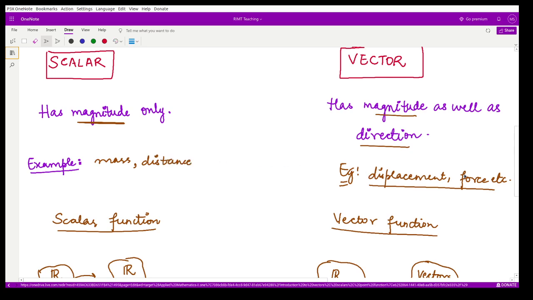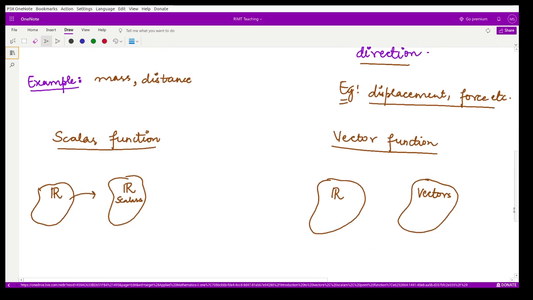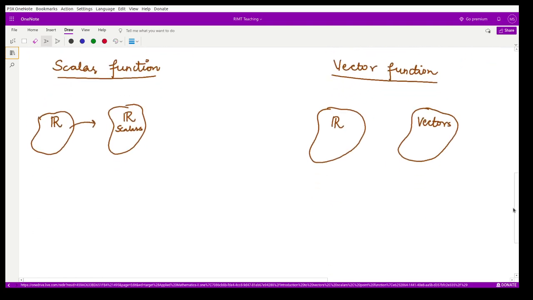So next we shall be talking about scalar functions and vector functions. First of all, what is a function? Anybody? A function is something such that you take an element from the domain and pass it on to something called a machine.